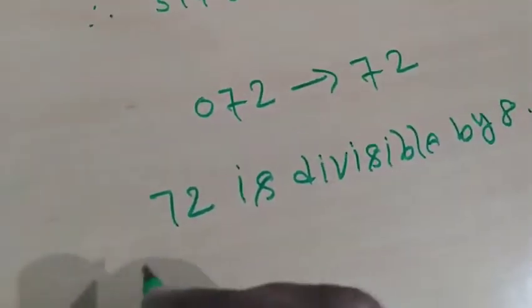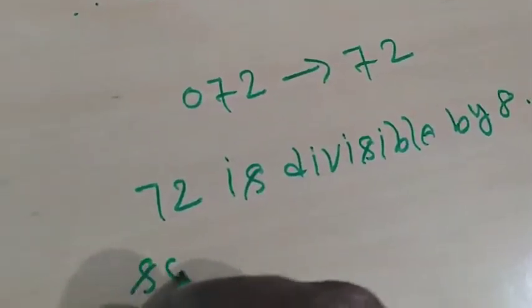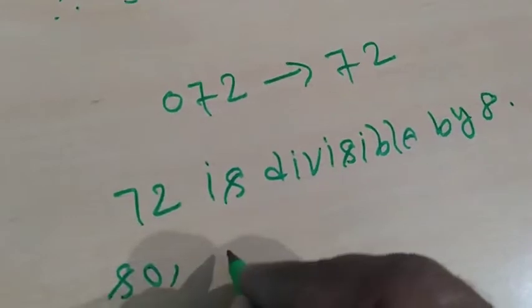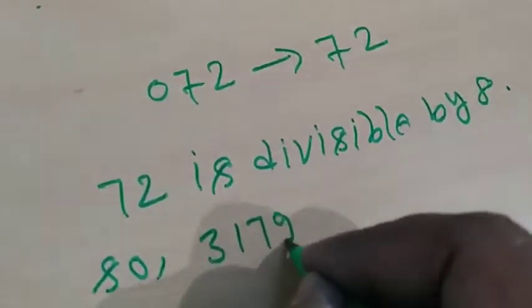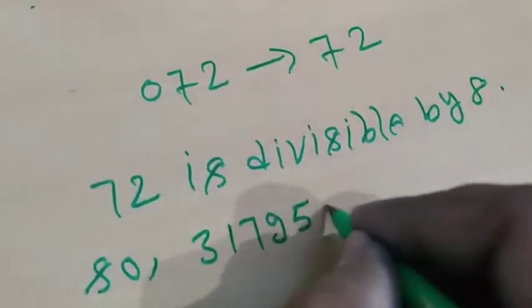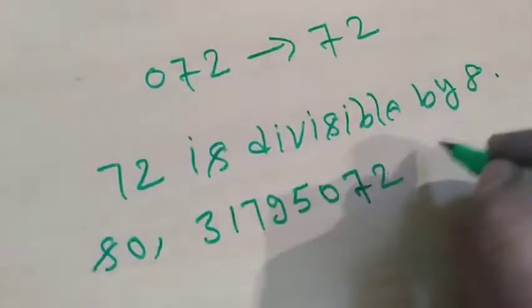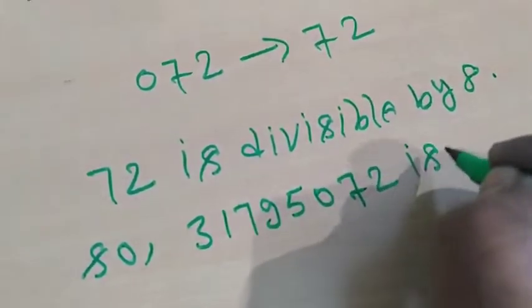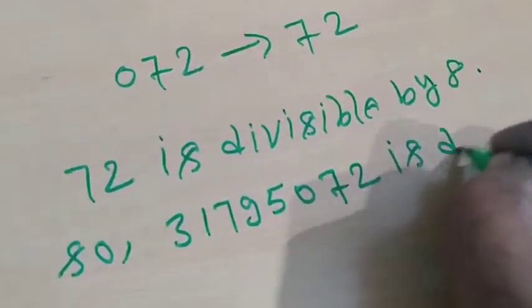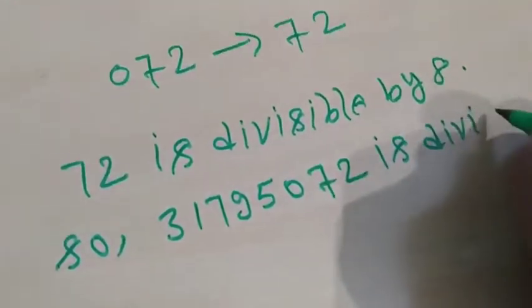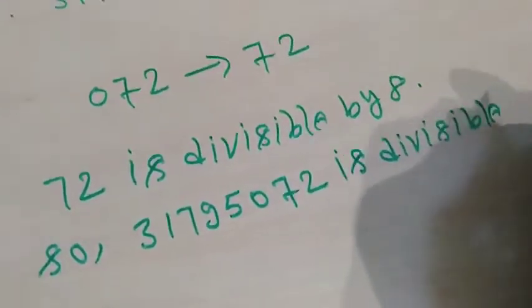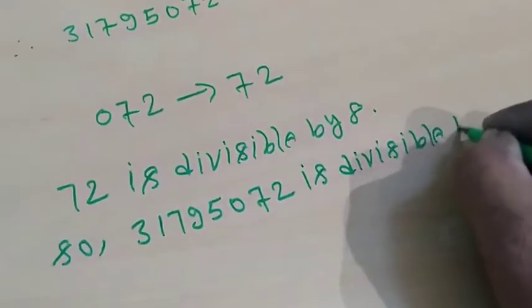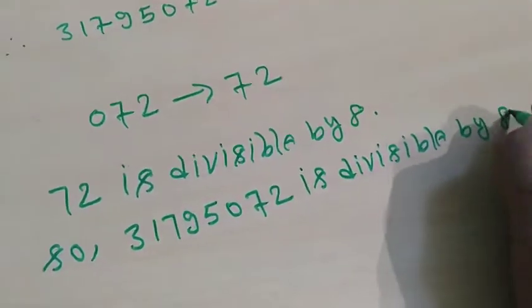So 3,70,95,072 is divisible by 8. Clear?